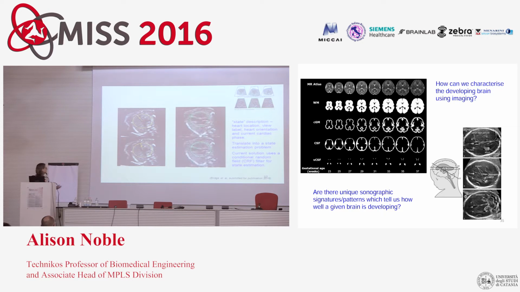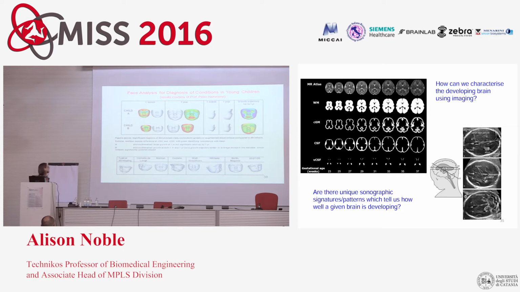Using temporal information allows you to refine the labeling where you haven't got the consistent labels. So that's an example then of looking at hearts, trying to make sense also of video within the context of developing world.